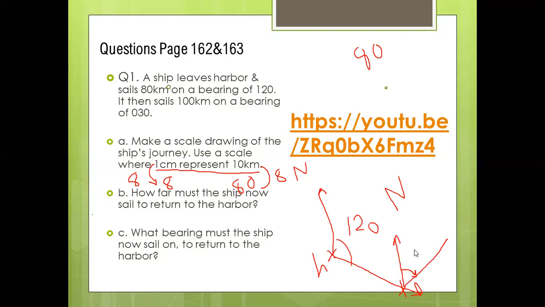This is a bearing of 030. When it says it's 100 kilometers, I multiply by 10, so that means 10 centimeters, and I put a cross. This is the second position, the final destination of the ship.